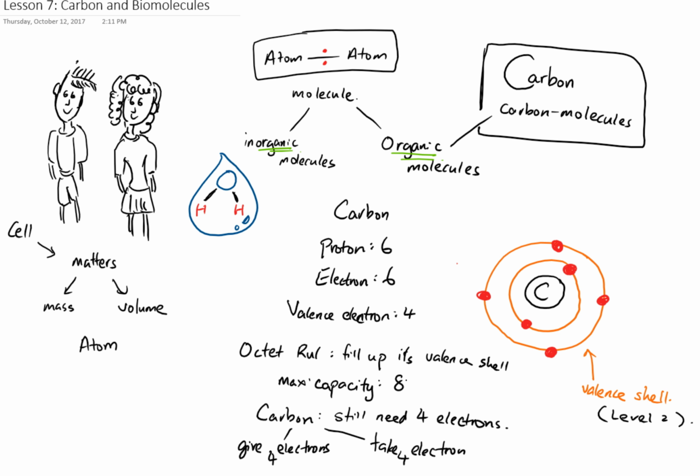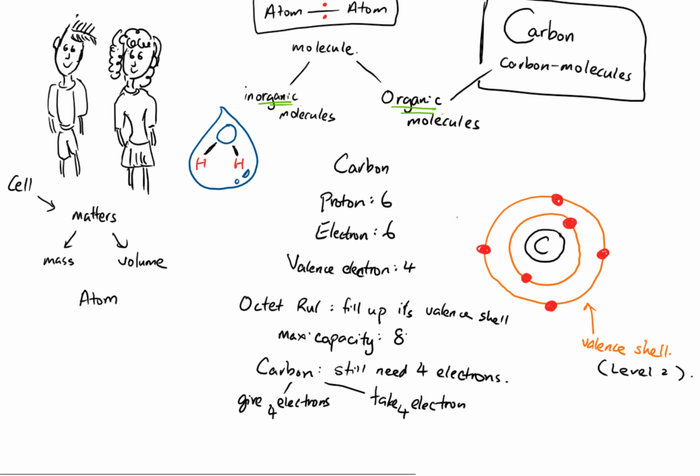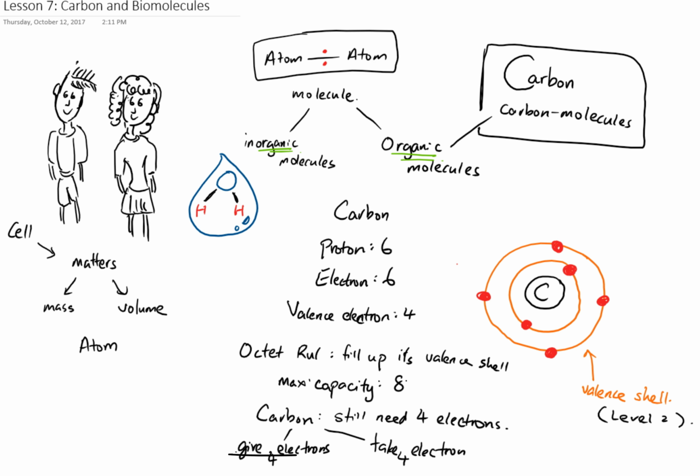So carbon tends to form covalent bonds just by sharing electrons with other atoms. Carbon tends not to form ions by giving or taking electrons; the only option for carbon is to share electrons. So carbon really likes to form covalent bonds, because this is how a covalent bond is formed, through sharing of electrons.